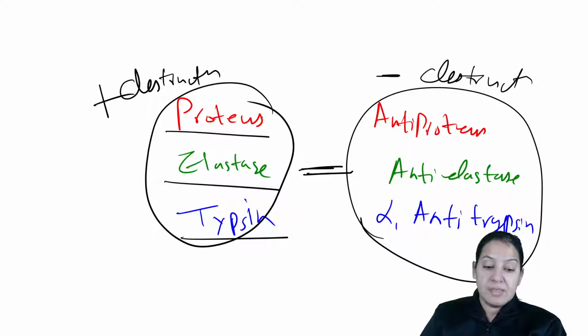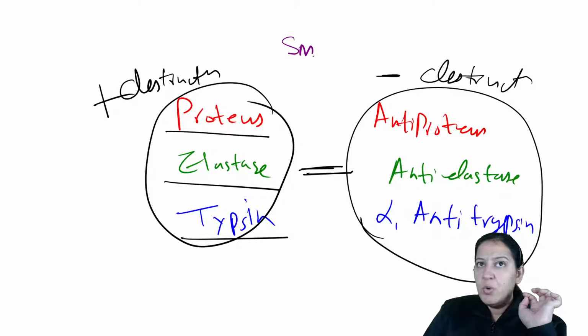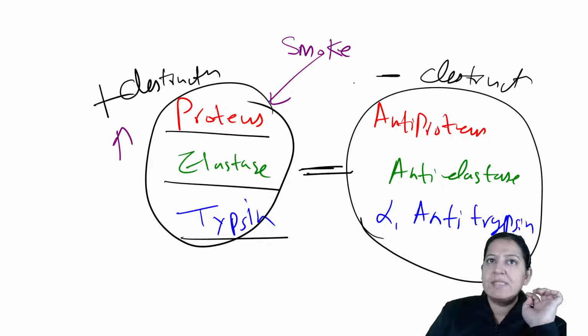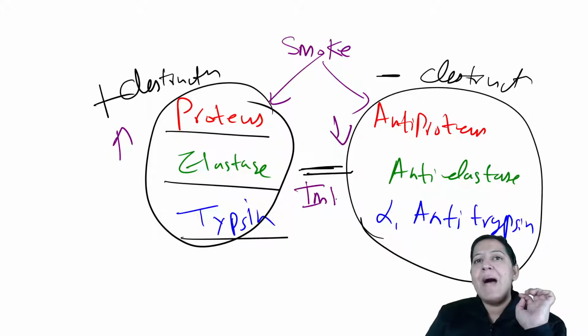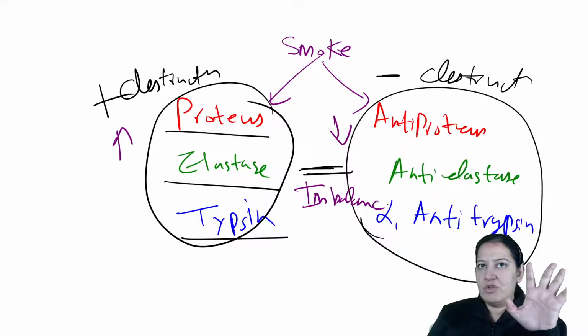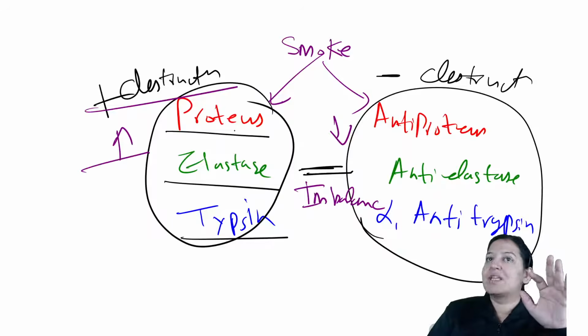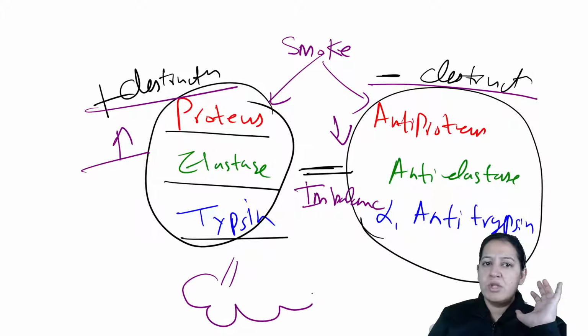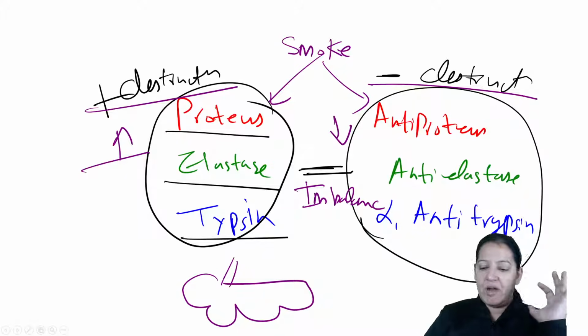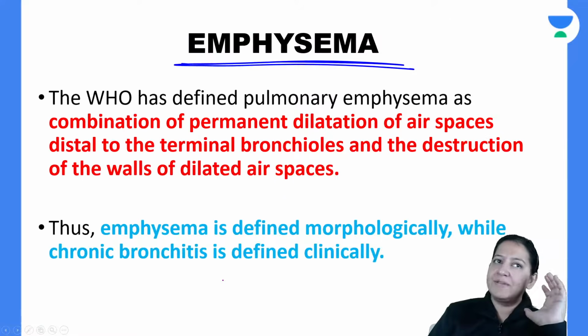But there are some persons who smoke. Because of the smoke, the protease will increase and the antiprotease will decrease. So imbalance occurs in their concentration. The one which destroys gets increased and the one which inhibits the destruction is decreased. So destruction occurs in the wall, and because of the destruction, multiple walls fuse with each other and bullae are formed. That is the etiology. That is known as emphysema.